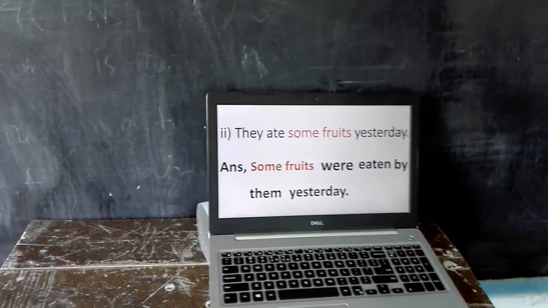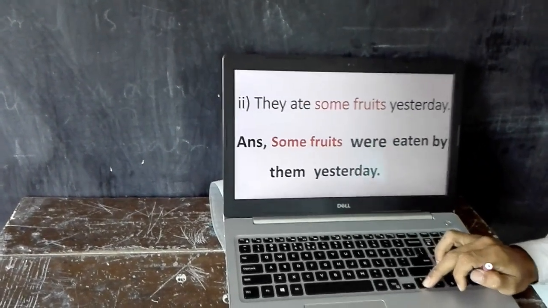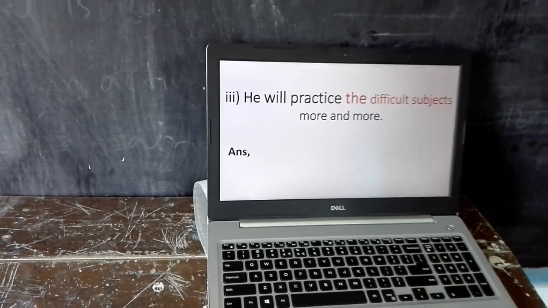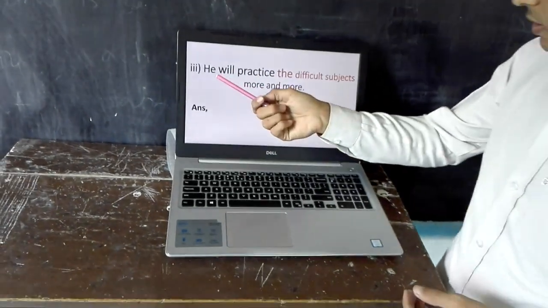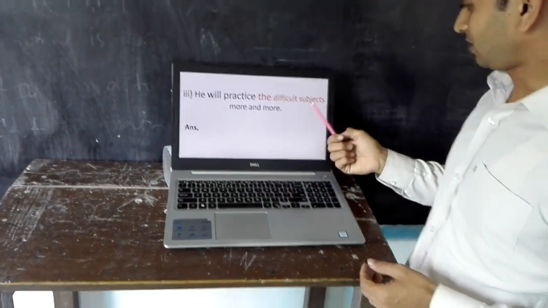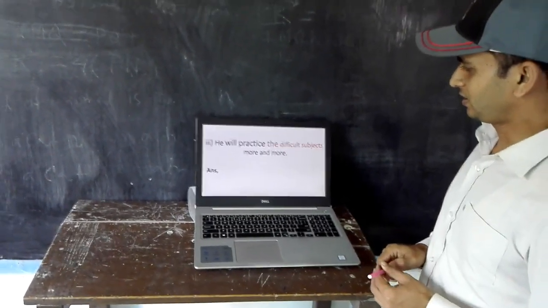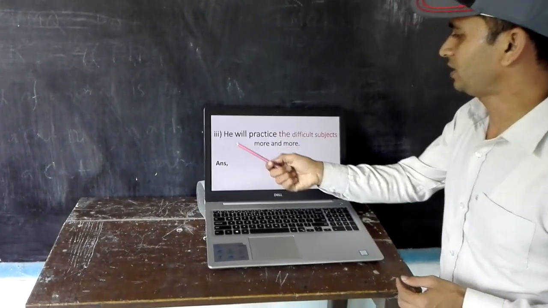Students, be concentrated. Let's see the next example. Here the third sentence: He will practice the difficult subjects more and more. This time, this sentence is in the future indefinite tense. He is the subject.